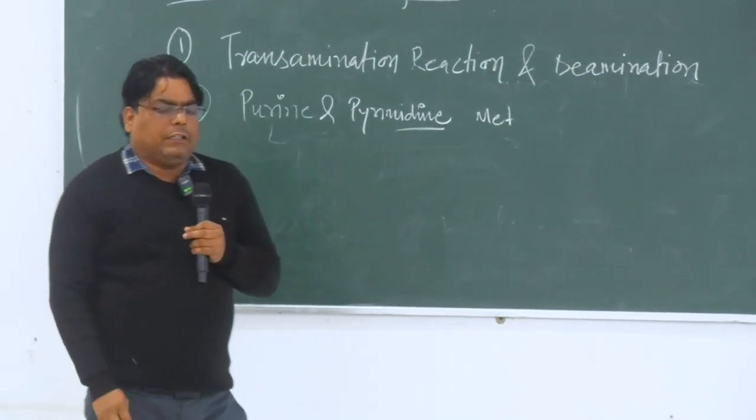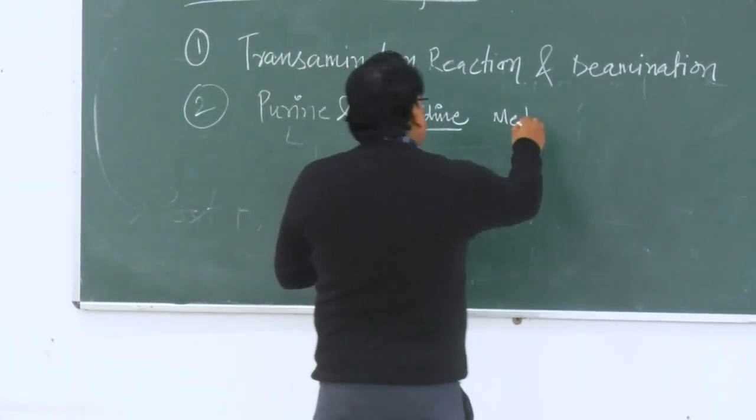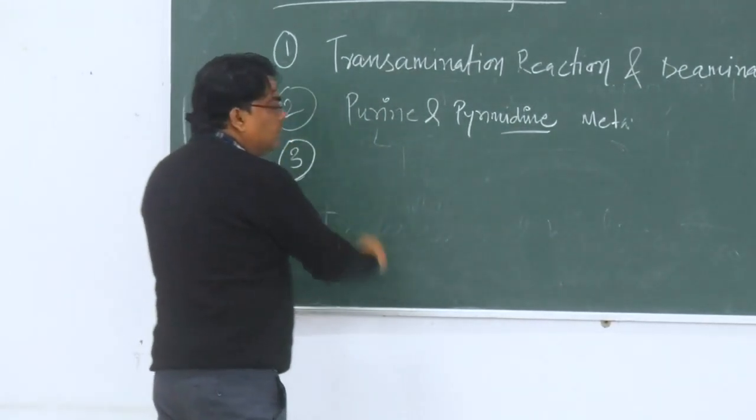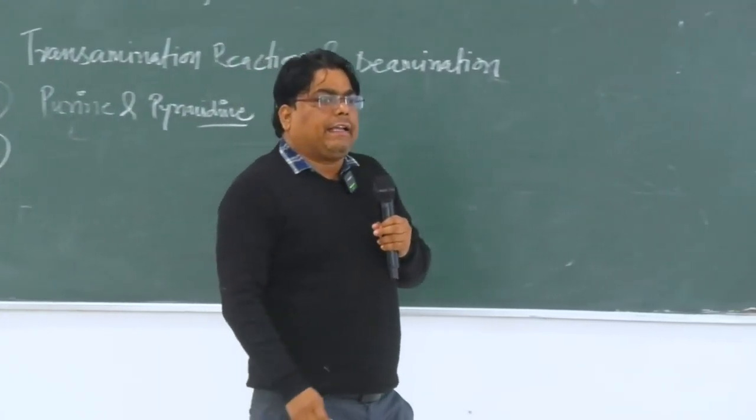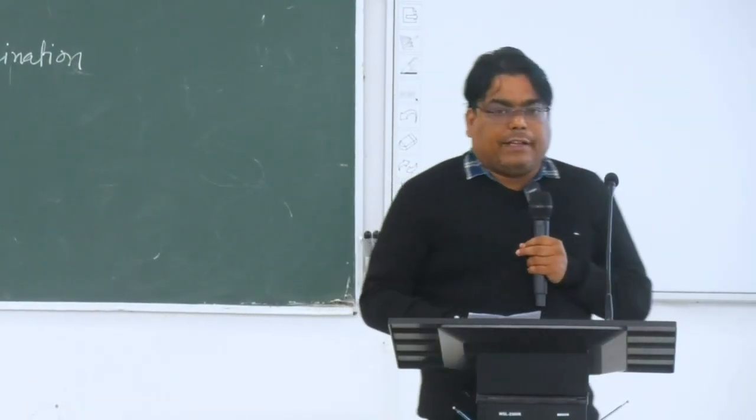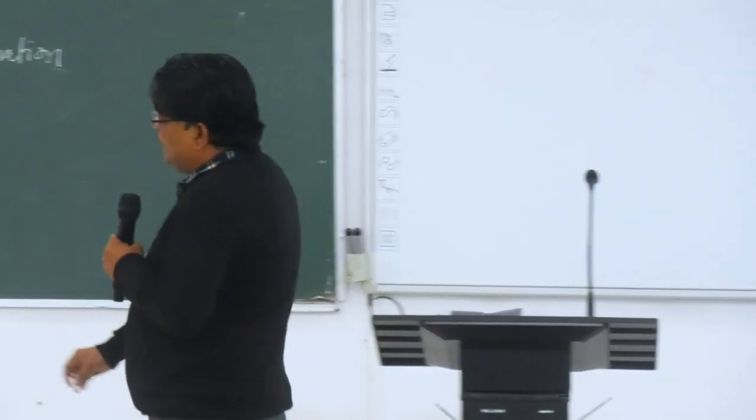Purine and pyrimidine metabolism. Okay. So the major concerns have come. Third one, biogenic amino acids. Some biogenic amino acids, which we call biogenic amines, are the sources of ammonia.